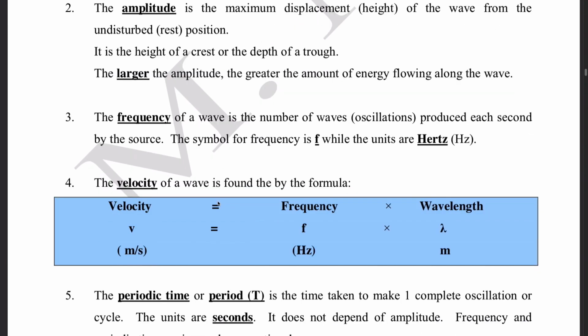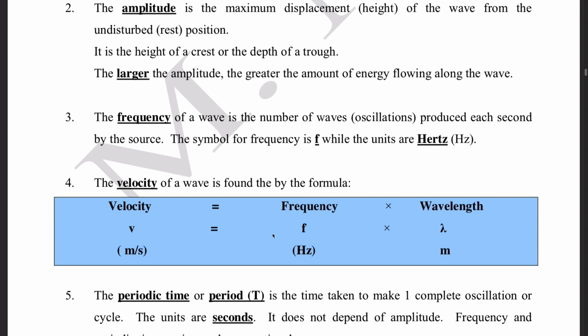Now we can start bringing things together. The velocity of a wave is found by the following formula. Velocity is equal to the frequency multiplied by the wavelength. So velocity for short is a small v, frequency is a small f, and wavelength is a lambda.